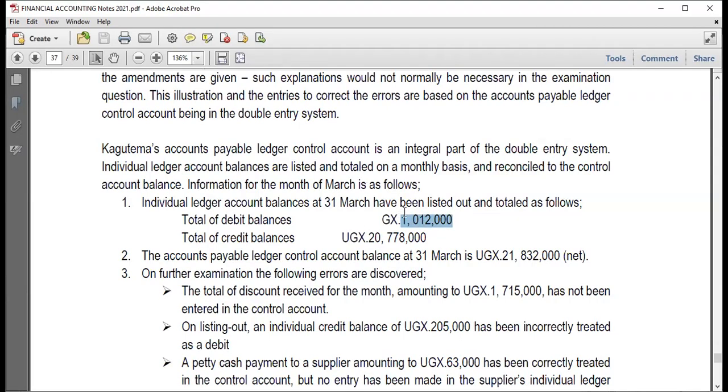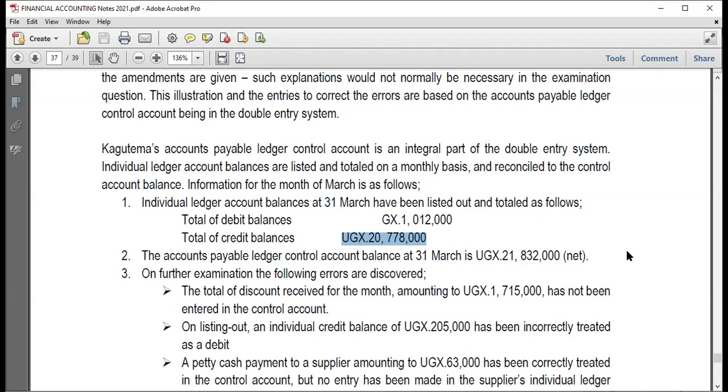This is the debtors balance, but then we also have a creditors balance. So they want us to reconcile this value, since they have given us details around the credit balances, with our new balance, the one we've just gotten. So that is what the reconciling item wants us to look at.